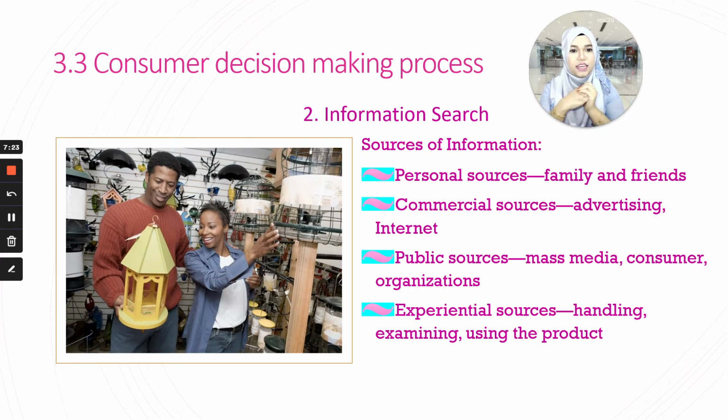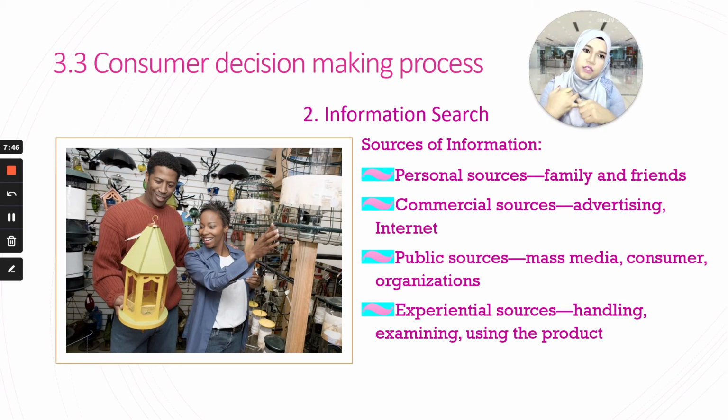Secondly, is the information search. After you have recognized there is a need for you to buy things, all right, the information search is whereby you are starting to look for information about the product that you might want to buy. So the sources of information could be personal, commercial, public, and also experiential sources.